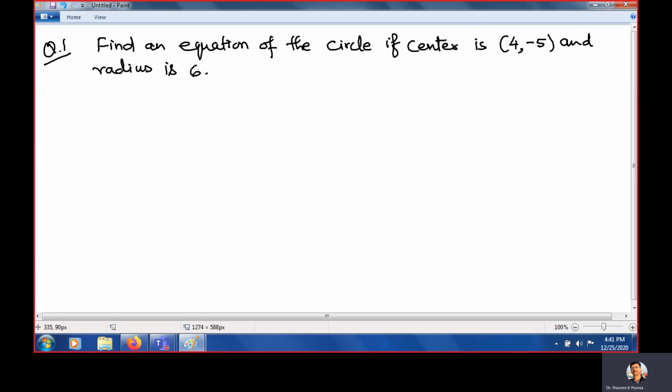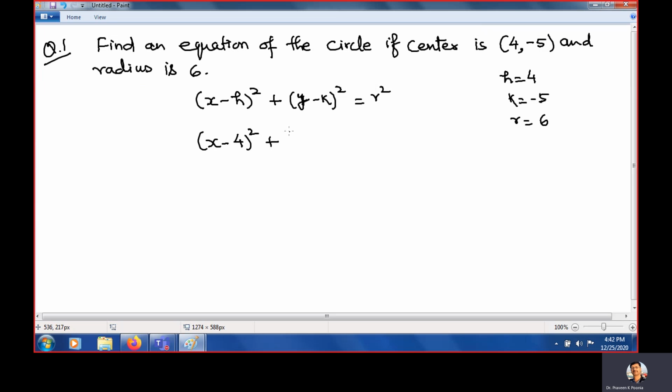So what is the equation? The standard equation is (x minus h) power 2 plus (y minus k) power 2 is equal to r power 2. The value of h is 4, k is minus 5 and r is equal to 6. So it is (x minus 4) power 2 plus (y minus minus 5) power 2 is equal to 6 power 2.